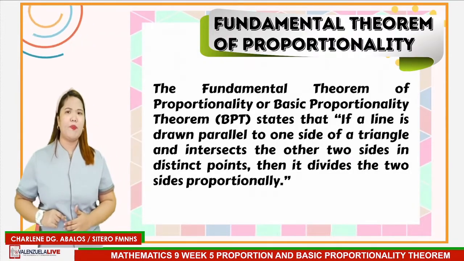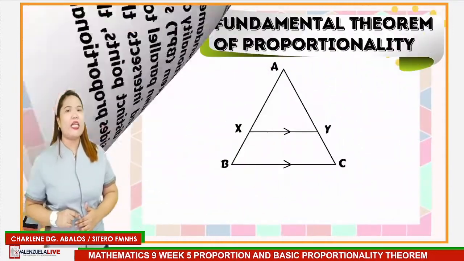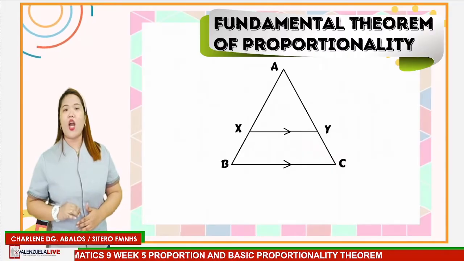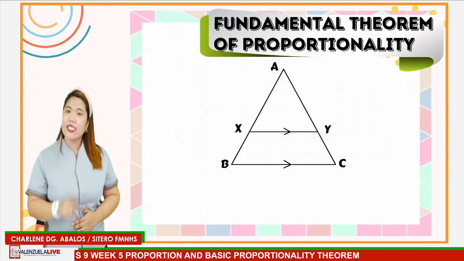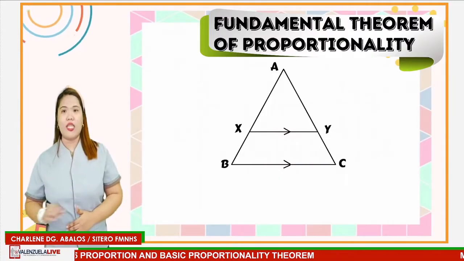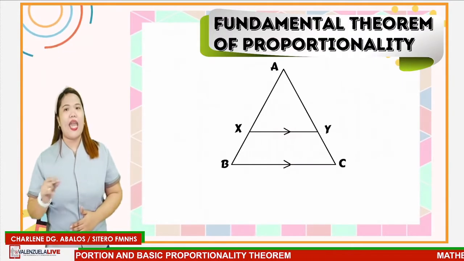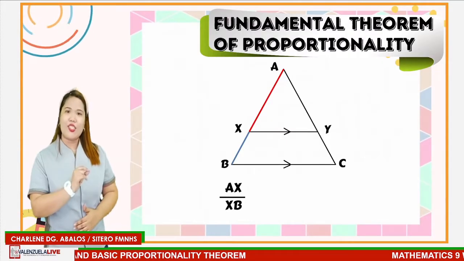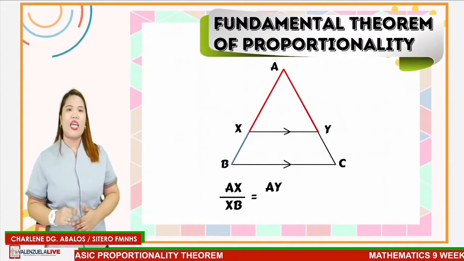For example, in triangle ABC, if X and Y are points on AB and AC respectively, such that XY is parallel to BC, then AX is to XB as AY is to YC.